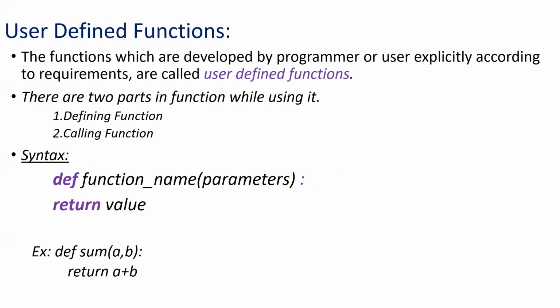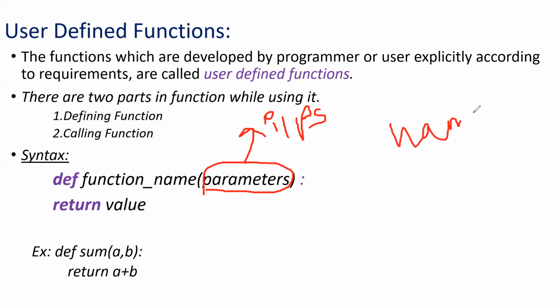Now, we are going to deal with a very important topic, that is parameters. Parameters, I have already told you, are inputs to the functions. In the previous example, I explained name is the input to the function. But we have different types of parameters, almost 4 types.